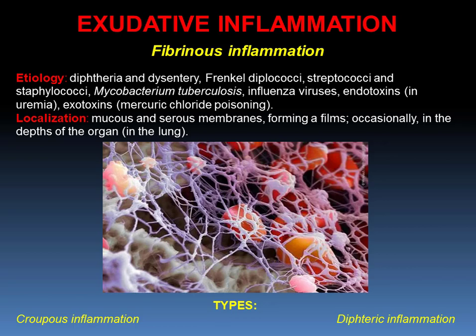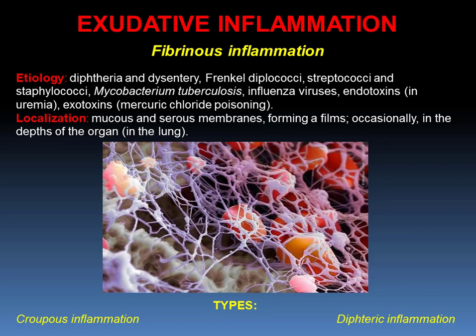Usually fibrinous inflammation is localized in the mucous and serous membranes, forming films, which are typical and specific for this type of inflammation. Sometimes it can develop in the depths of the organ, like croupous pneumonia in the lung.